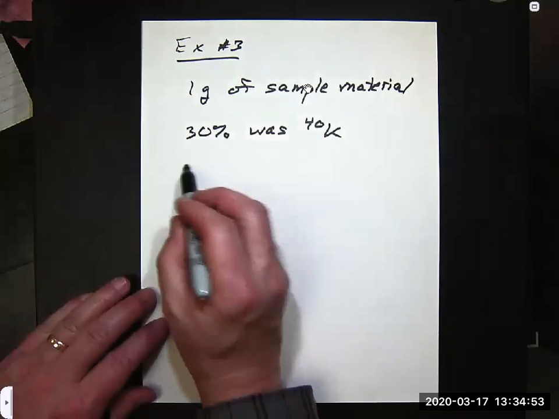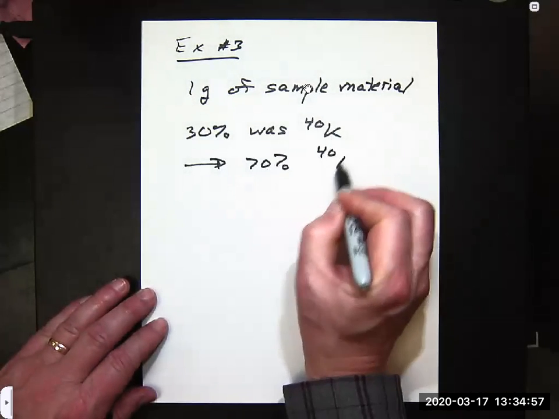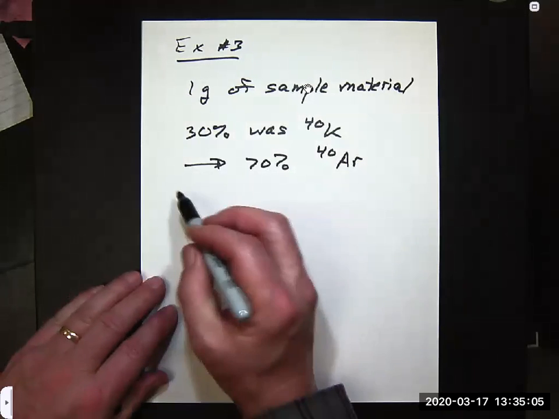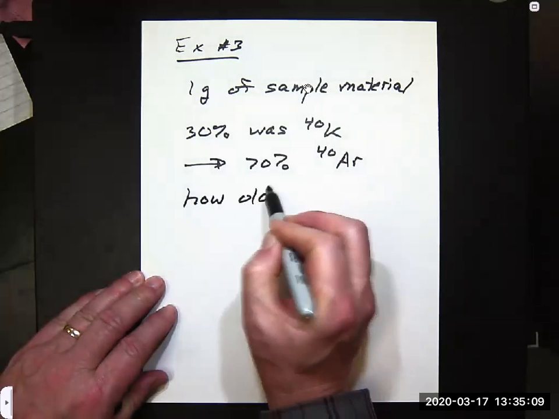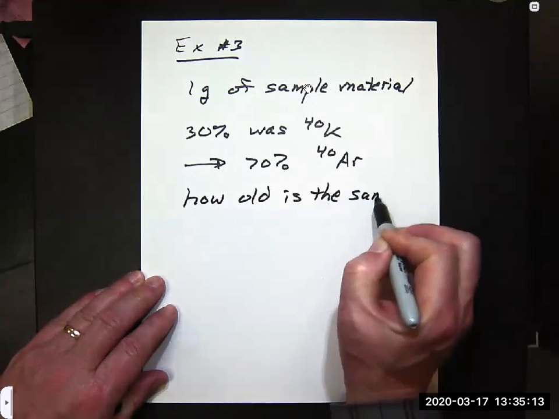Of course, that means that 70% must be argon, right? 70% is the argon. It's not really what we're asked, but that's okay. But 30% is potassium. So the question is, how much time has passed? How old is the sample? It's a question of age.